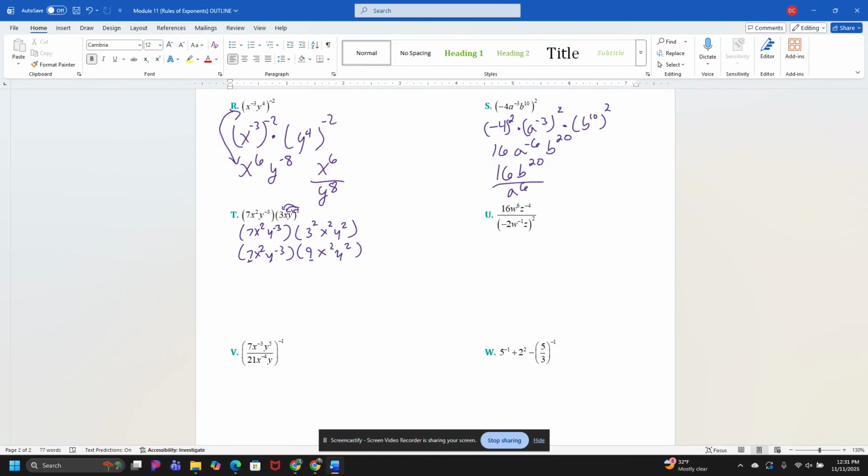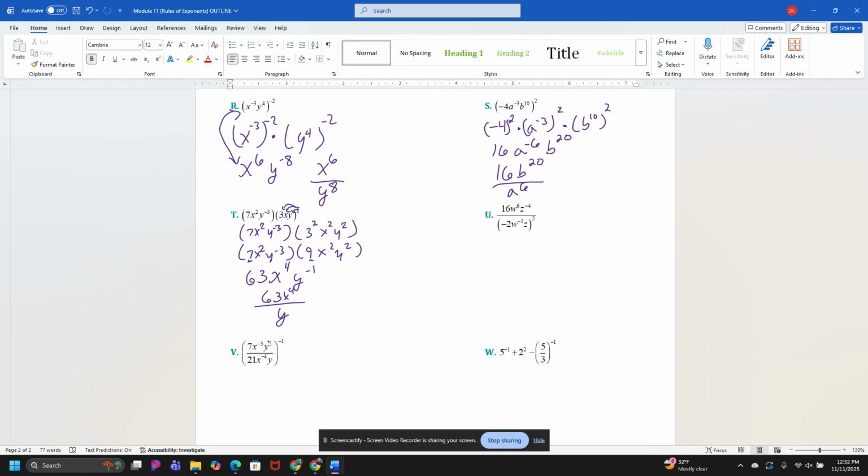So 7 times 9 is 63. X squared times x squared is x to the 4th. Y to the negative 3 times y to the 2 gives y to the negative 1. We can't have a negative, so we need to move that to the denominator, or the bottom. And that's generally how all of these work.